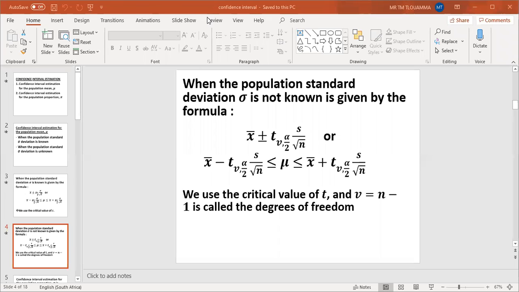So if it is v or df, we are going to check that value corresponding to the value that you got in your answer. So it's going to be 100 minus 1, you'll get 99.